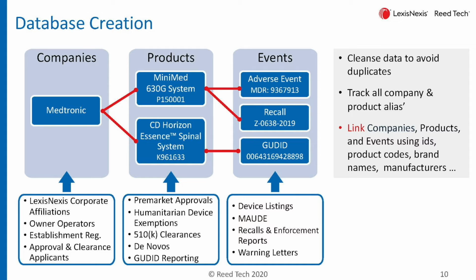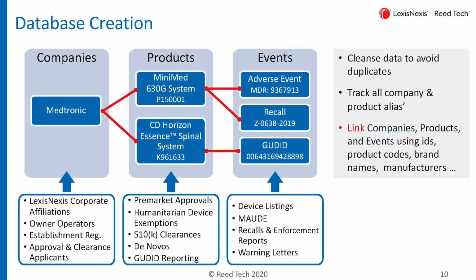Then we evaluated all the pre-market approvals and humanitarian device exemptions for Class 3 products, 510K clearances along with de novos and the GUDID listings for Class 2 products. This should give us essentially the universe of Class 2 and Class 3 medical devices, as long as the manufacturers are, of course, following the FDA mandated regulations.